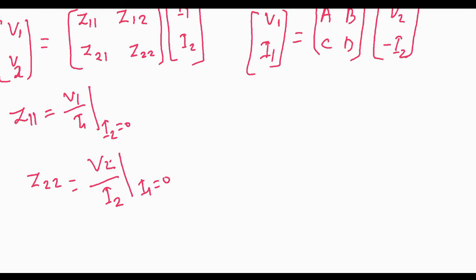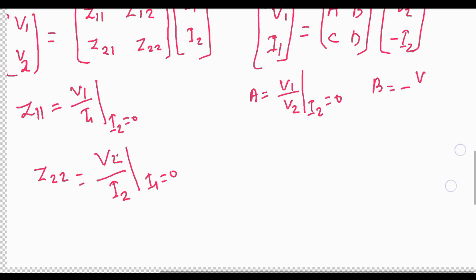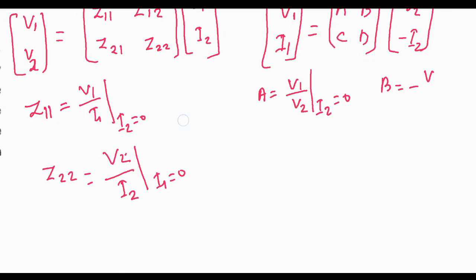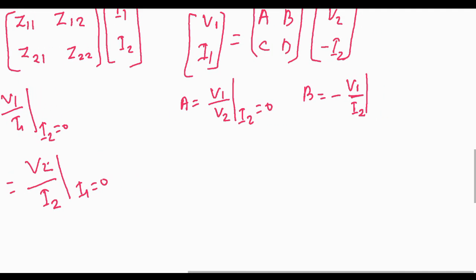If we write, A is equal to V1 by V2 at I2 is equal to 0, and B is equal to minus V1 by I2 at V2 is equal to 0.